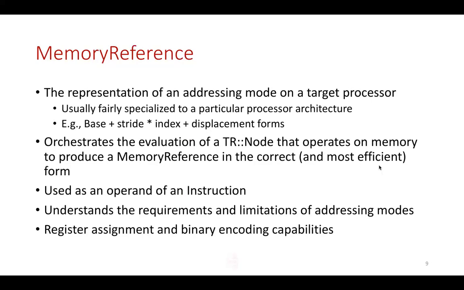As an example, you could have an addressing mode that has a base address plus some stride times an index plus some displacement. You would use that form, for example, when you're indexing into a linear array or a linear piece of memory, right?